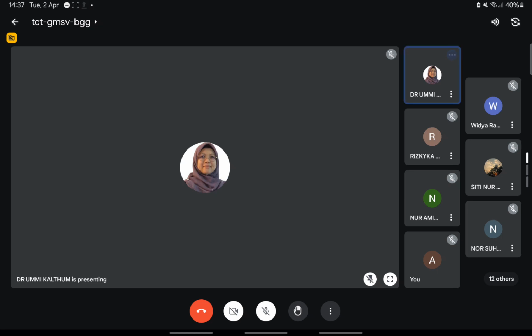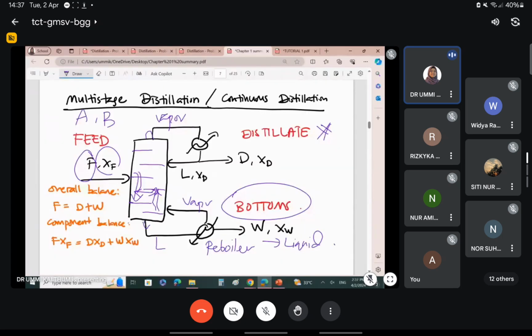Boiling point. More volatile means lower boiling point. So bila dia lower boiling point, dia akan jadi vapor dulu. So dia vaporize first. Component A will vaporize first, component B remain as liquid. That's why untuk distillation process boiling point paling penting.